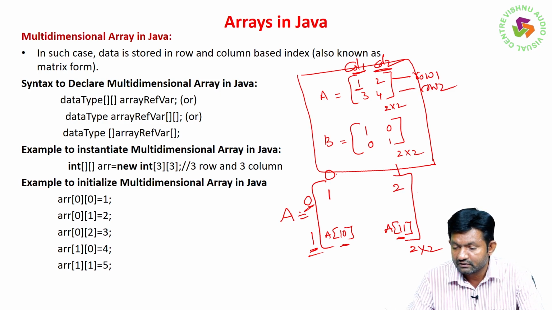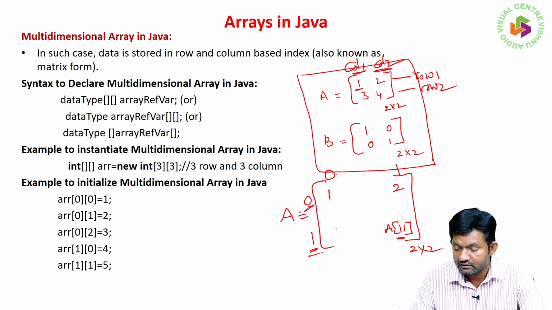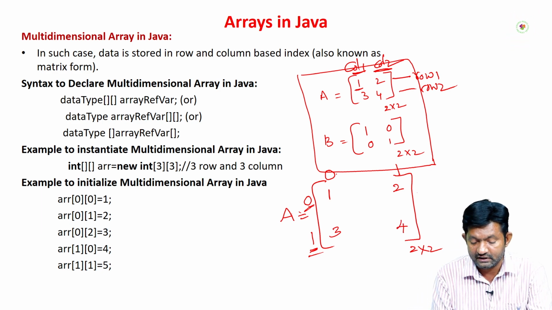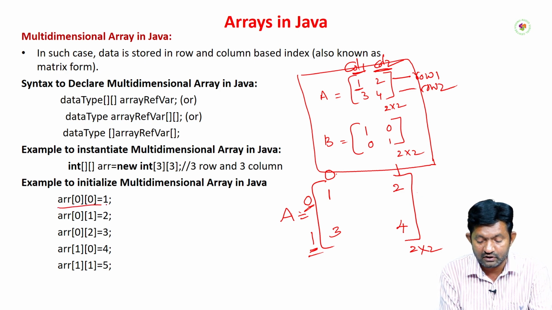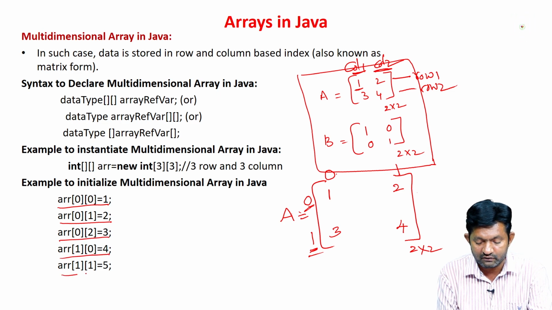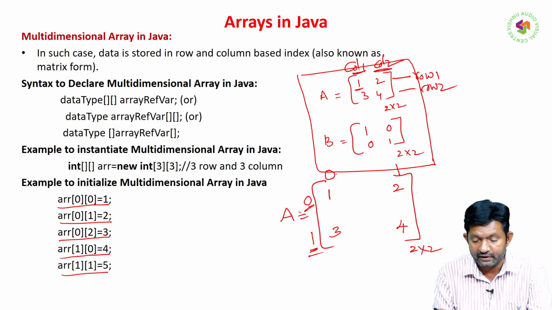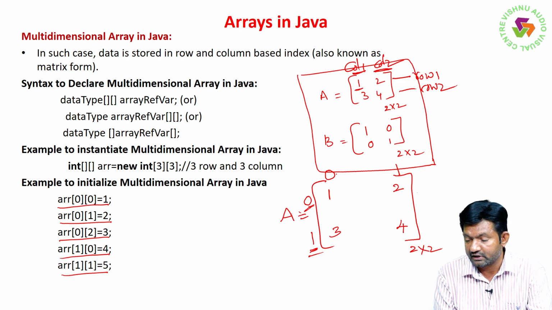A of 1, 0 is 3. A of 1, 1 is 4. That is based on the representation.